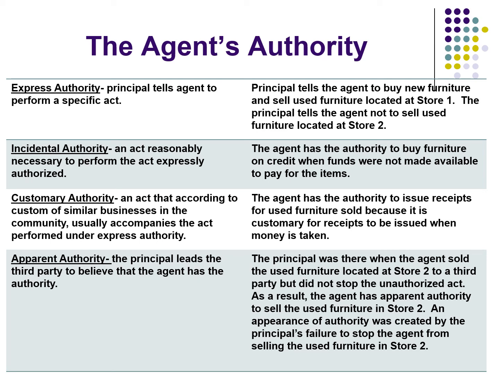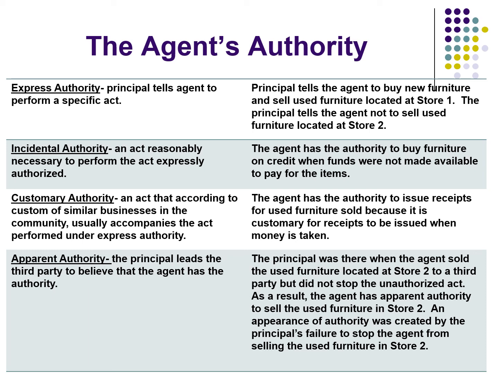Apparent authority is when the principal is acting as if their agent has the authority to do whatever they are doing, whether or not they have given it to them or not. Okay, that sounds a little confusing, right? So let's look at this example. The principal was present when an agent sold used furniture in store 2 to a third party.